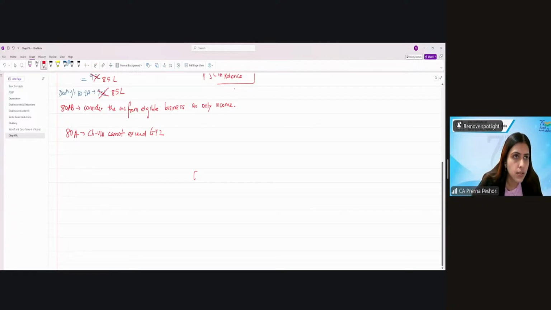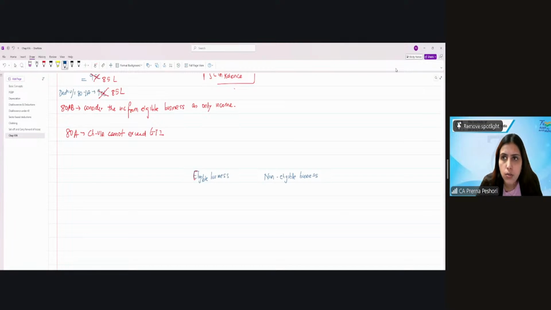Let's say I have two businesses, an eligible business and a non-eligible business. So the first point here would be that I have a loss of 20 lakh in my eligible business. I have a profit of 70 lakh in my non-eligible business.